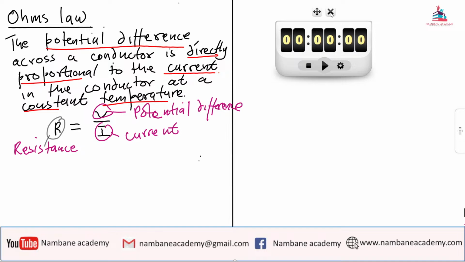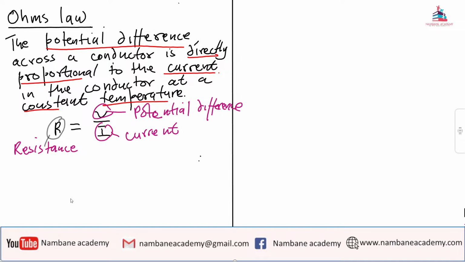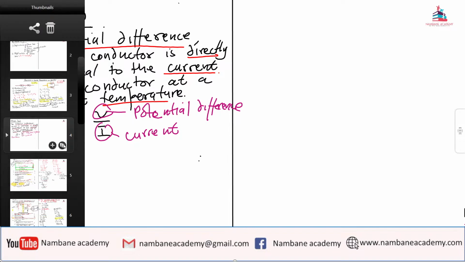I don't see any hands, so I believe that is now clear. So I am just going to duplicate the slide because I now want to emphasize other important issues that relate to Ohm's law.